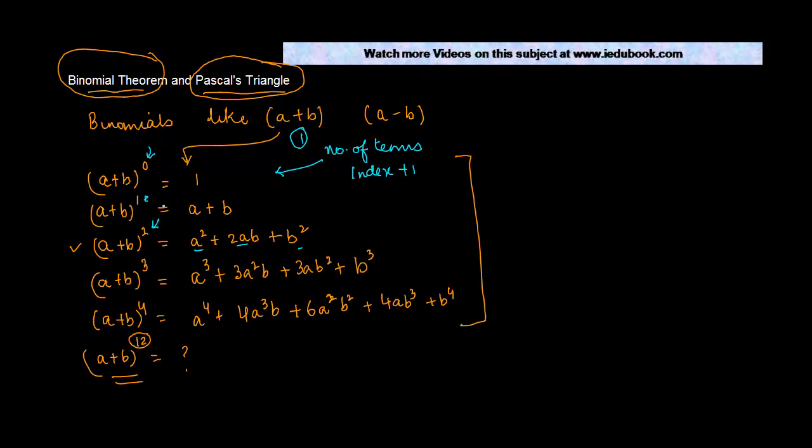The second property is that the power of a, or the first quantity, keeps on decreasing by 1.